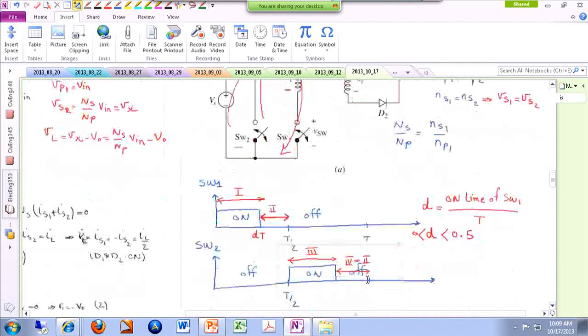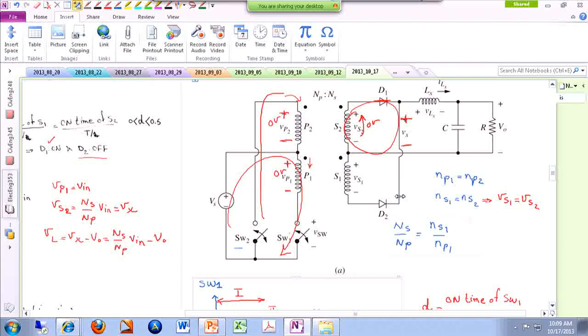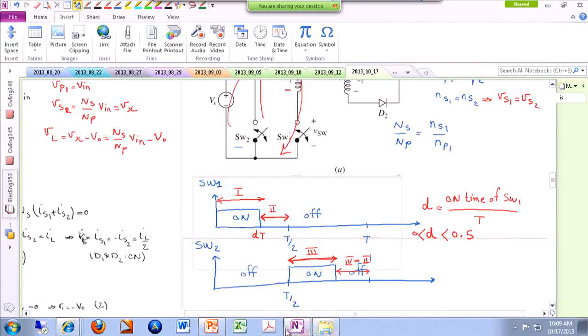All right, now let's look at the third mode, during which we turn this switch on, switch number 2. Things are almost the same, with a negative sign actually involved. So let me get another new figure.